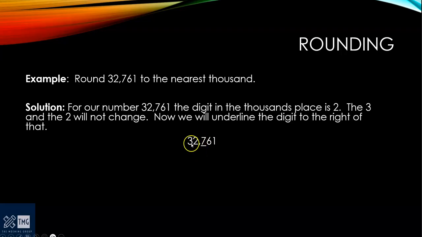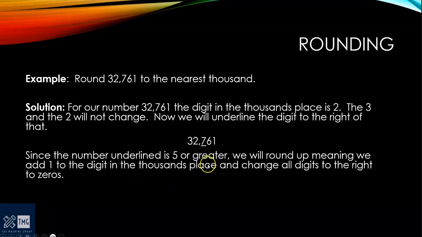Now 7 is 5 or greater. Therefore, we're going to round up. It changes the number in the thousands place. So instead of the 2, it's going to become a 3, and rounded to the nearest thousand is 33,000. There's our rounding.